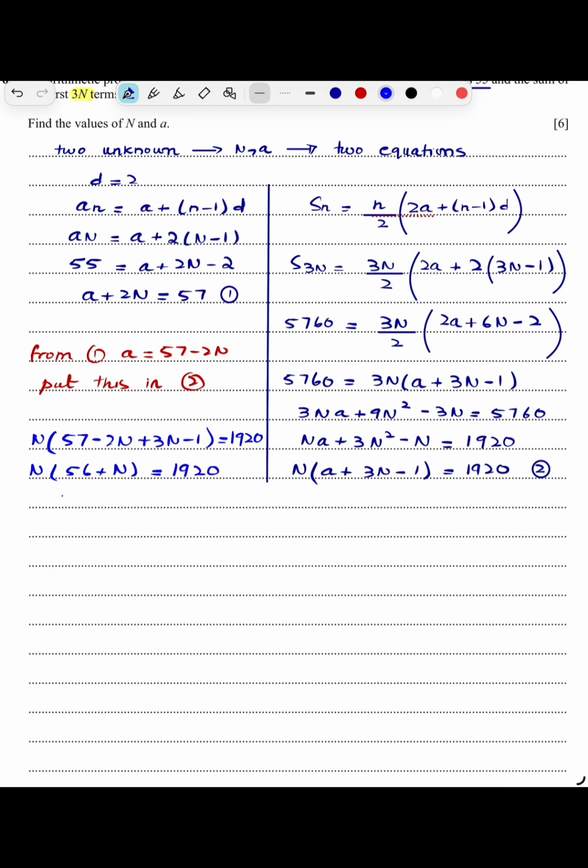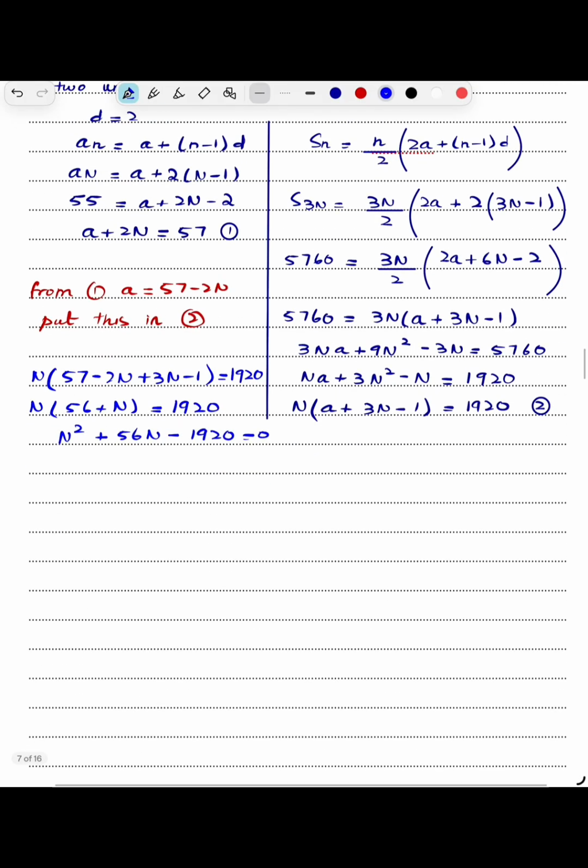So we get a quadratic equation: n squared plus 56n minus 1920 is equal to 0. Okay, let's apply the quadratic formula, where the value of a is 1, the value of b is 56 and the value of c is minus 1920.